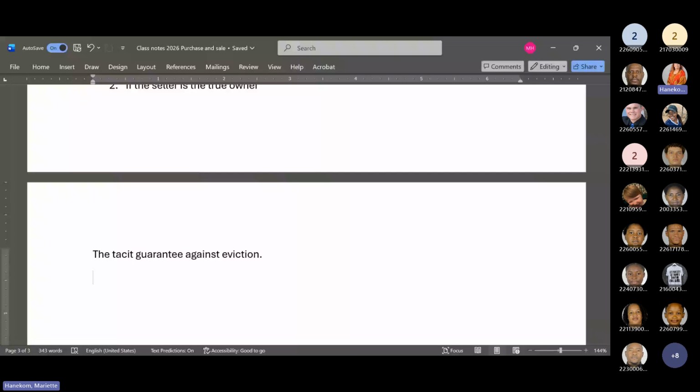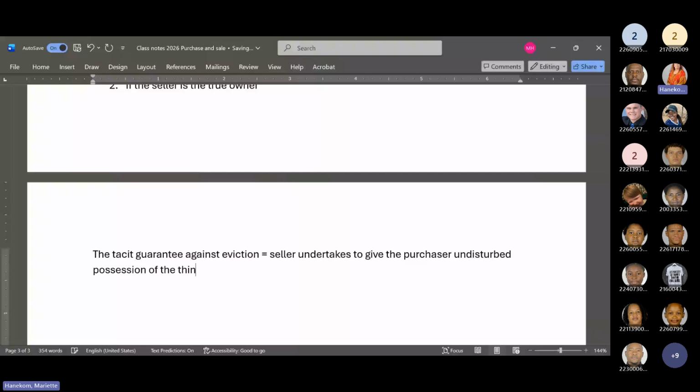What does this guarantee against eviction mean? It means that the seller undertakes to give the purchaser undisturbed possession of the thing.